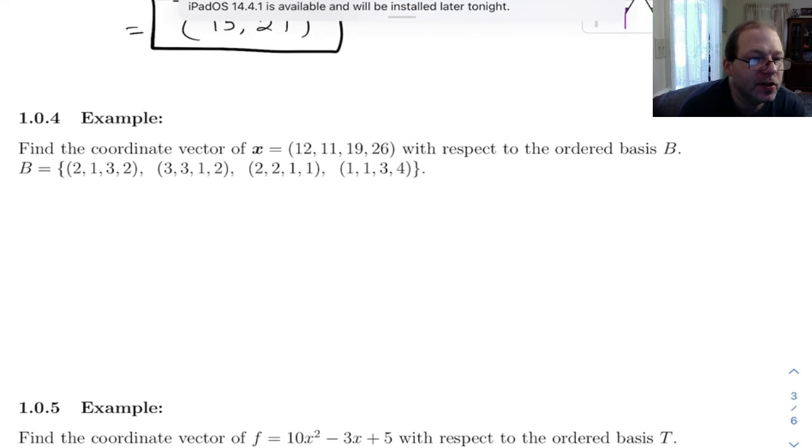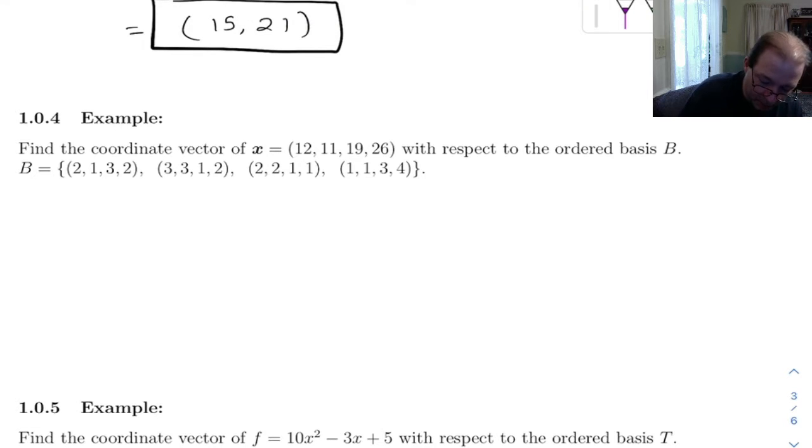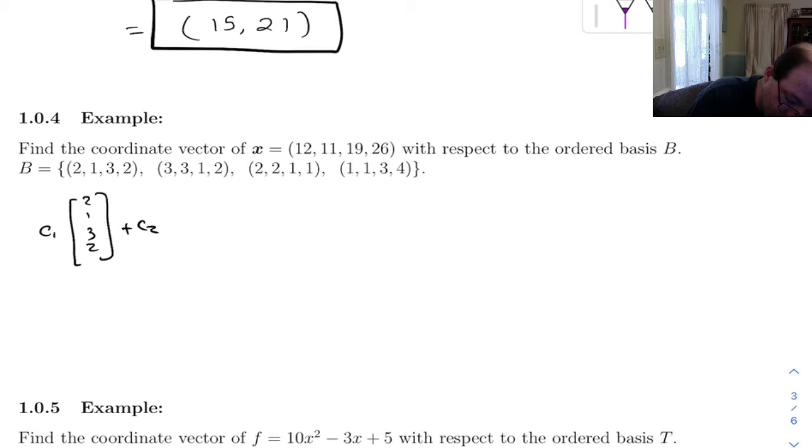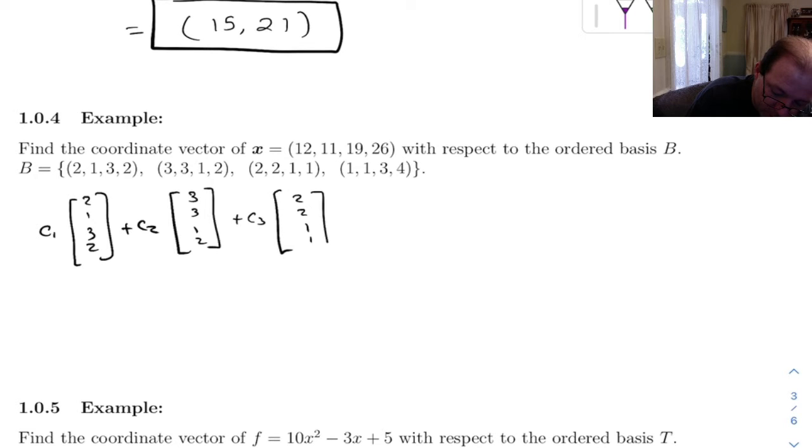Okay, example 4 says find the coordinate vector of x equals that with respect to the ordered basis B. So what we've got to do is come up with the coefficients so that c1 times (2, 1, 3, 2) plus c2 times (3, 3, 1, 2) plus c3 times (2, 2, 1, 1) plus c4 times (1, 1, 3, 4) gives us (12, 11, 19, 26).